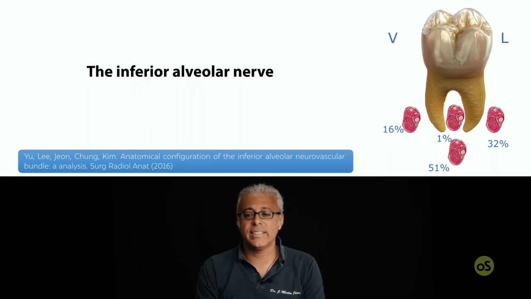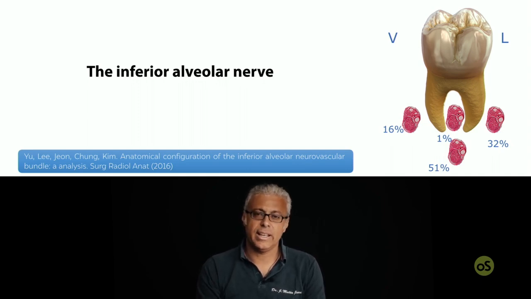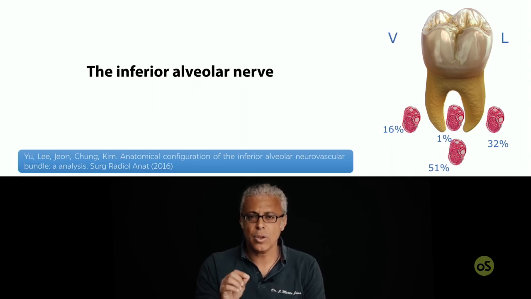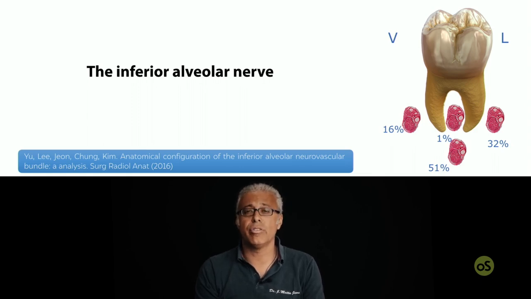An interesting aspect found in a paper that summarized the location of the inferior alveolar nerve in a vast population is that the nerve can be positioned in 51% quite far from the apex of the roots of our wisdom tooth, and this is a nice piece of information for the surgeon.